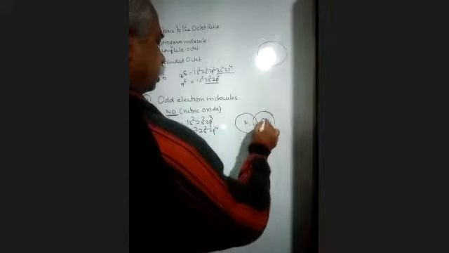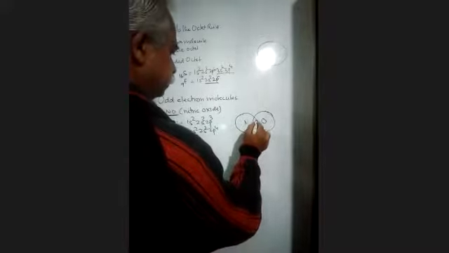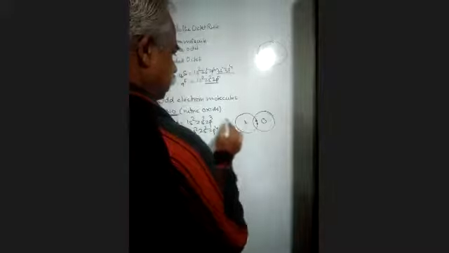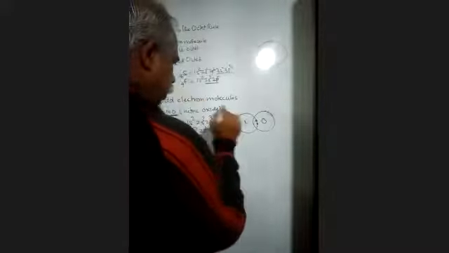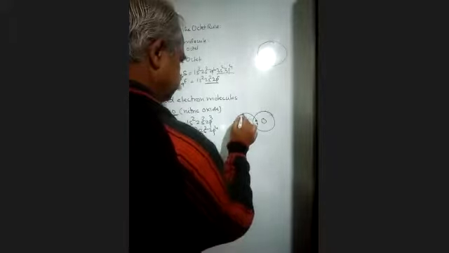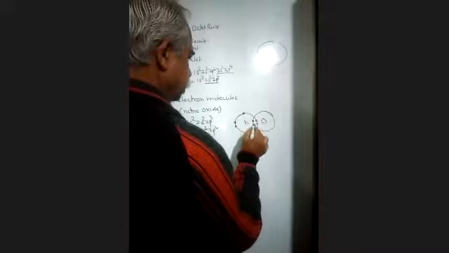Now see here, in this case nitrogen is 5 valence electrons and oxygen is 6.